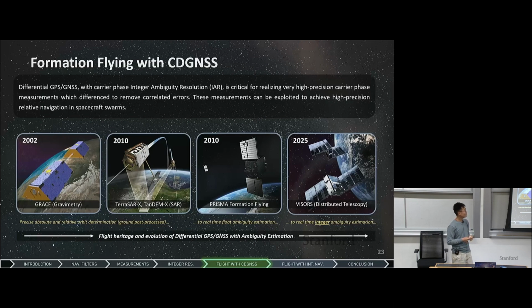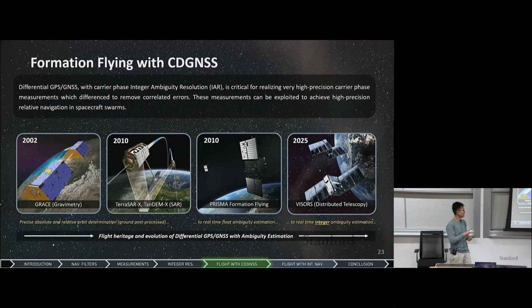And we are seeing a lot of increasing adoption in carrier phase differential GNSS for formation flying missions. In fact, probably the most prolific one that is old but not that old is the GRACE mission, which I think Professor D'Amico has had the privilege of working on the ADCS system for.